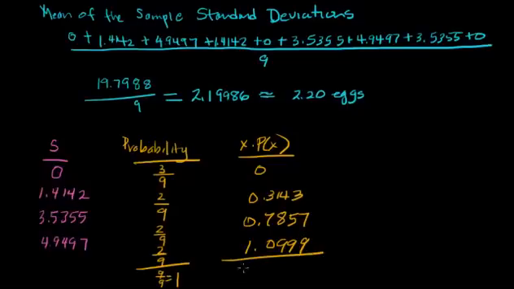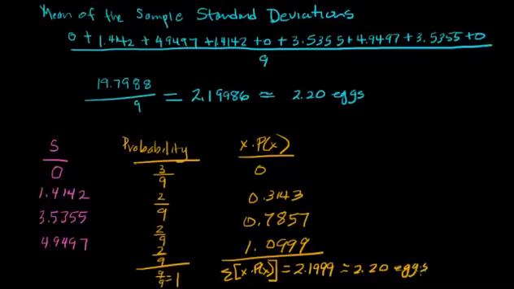And now let's add those up. Sum of the x times p of x, and we get 2.1999, or approximately 2.20 eggs.